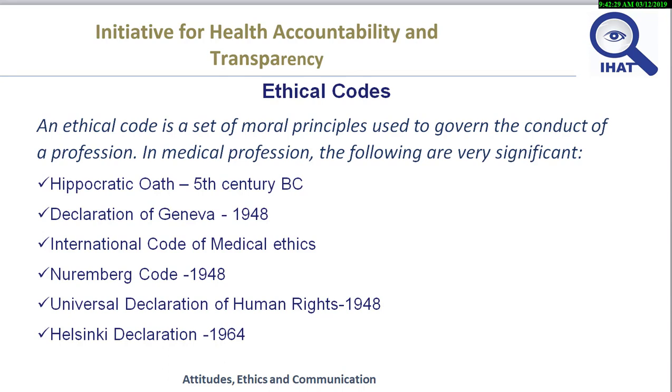We also have the Declaration of Geneva, the International Code of Medical Ethics, the Nuremberg Code, the Universal Declaration of Human Rights, and finally, the Helsinki Declaration. Let us look at these codes in more detail.